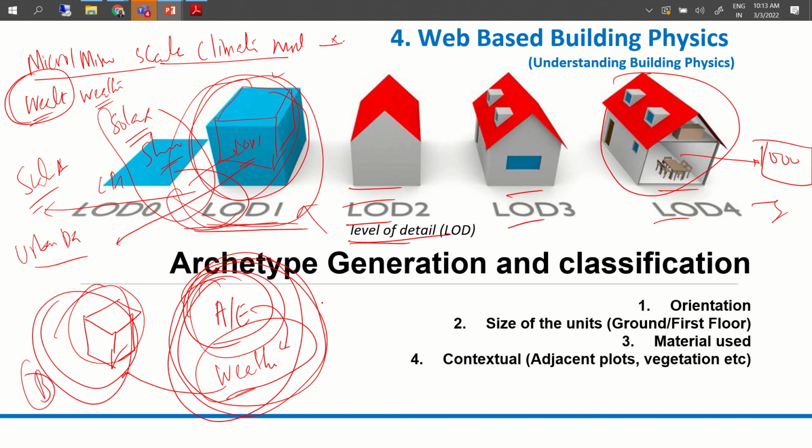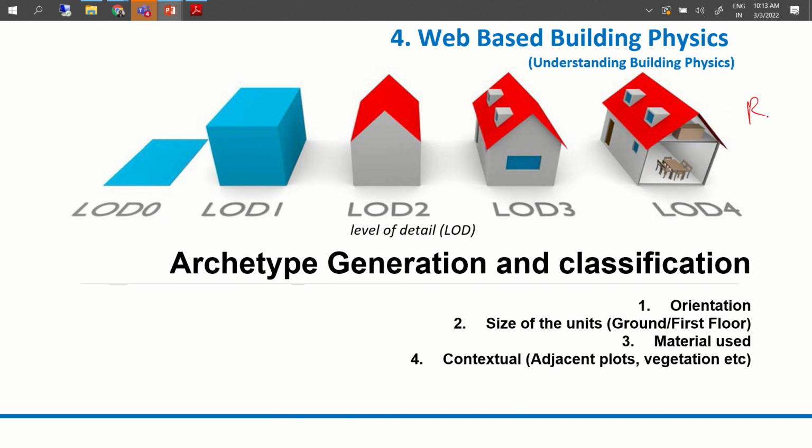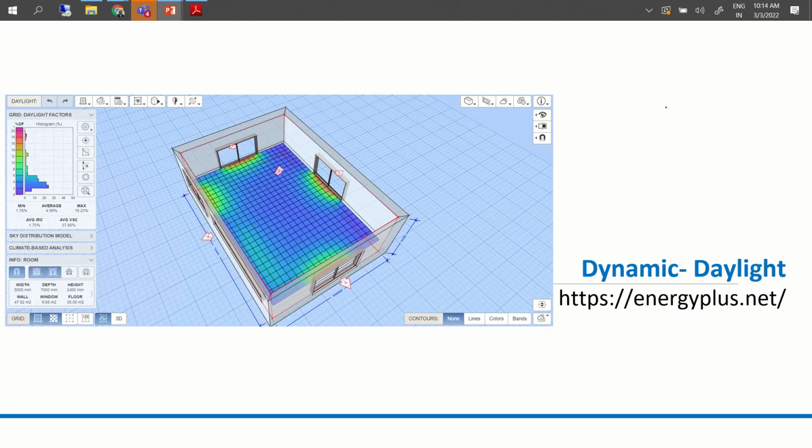We have discussed how we abstract the environment. Normally when you do a rendering of buildings, it looks something like this. For energy assessment, sometimes we don't need a model as detailed as this. It can be as abstract as this, and it can of course be as detailed as this as well, but not every time. That's another point we should keep in mind.